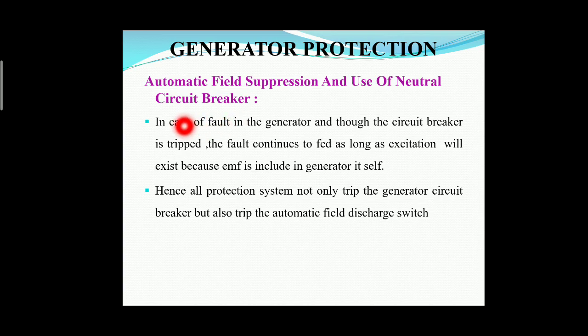In the case of a fault in the generator, the fault currents flow through the circuit breaker and the relay coil, because the relay coil MMF may be increased. The MMF is directly proportional to N into I, where N is the number of turns and I is the current.